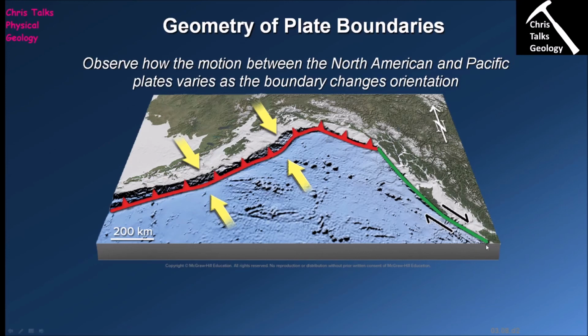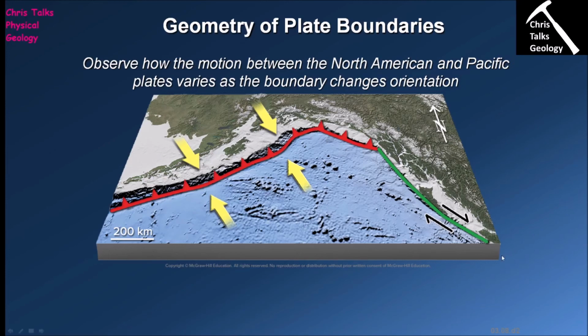But the most important thing to remember is that this transition in the plate boundary is driven by a change in geometry. So typically, if you see a plate boundary making a substantial change in its direction, that is normally associated with a change in the type of plate boundary.